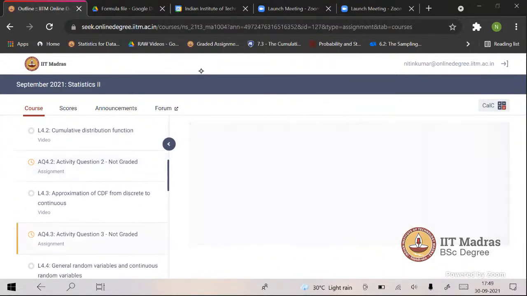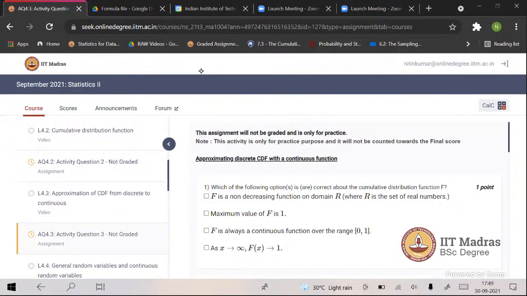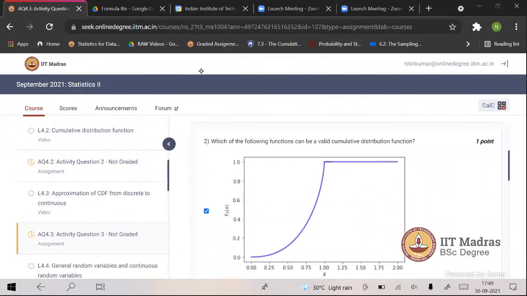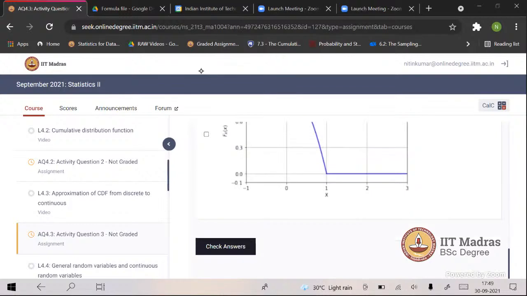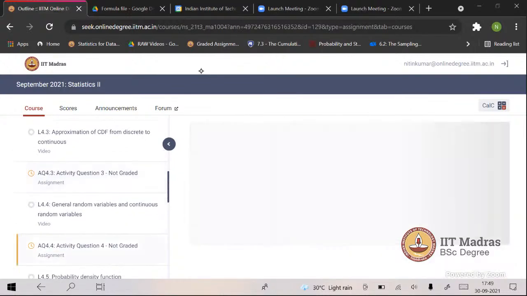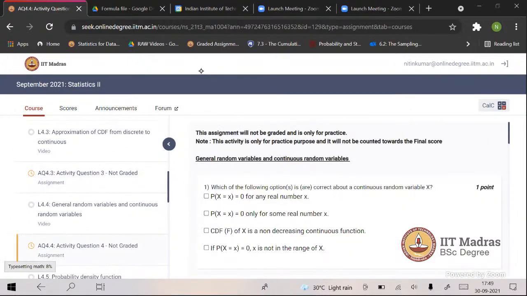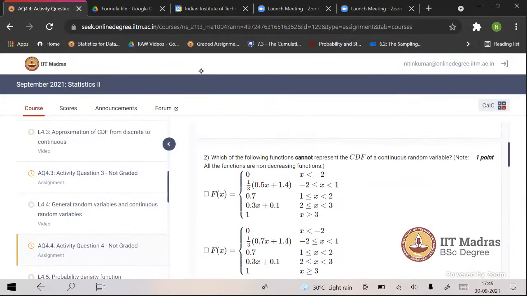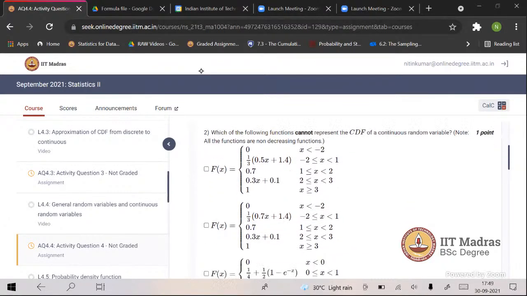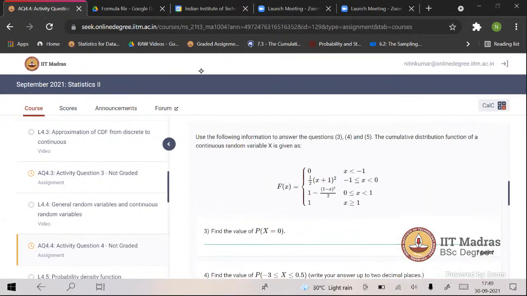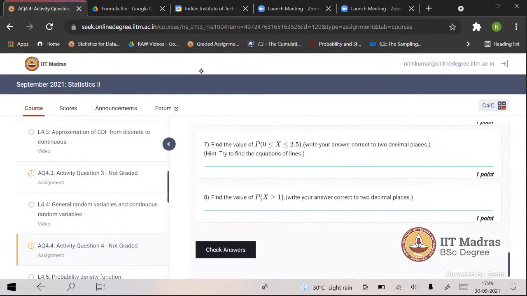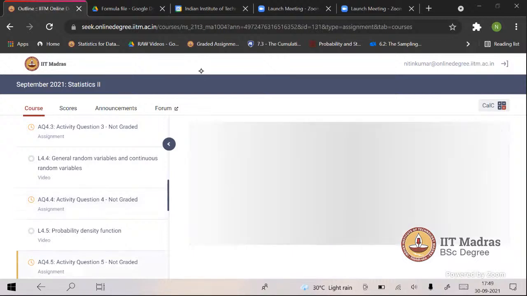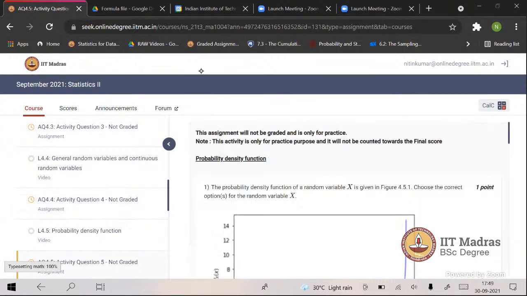One of these activities has it. It's a valid CDF. Yes, sir, probably this one. This is the CDF of a continuous random variable. I think it's not here. No, sir, one of the activities had a question. Let me check.